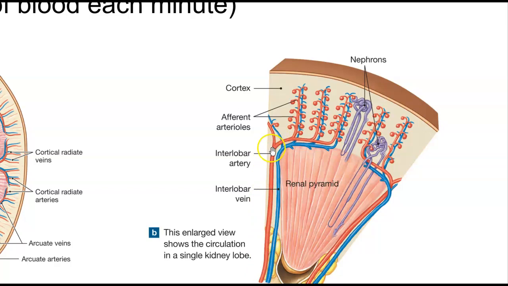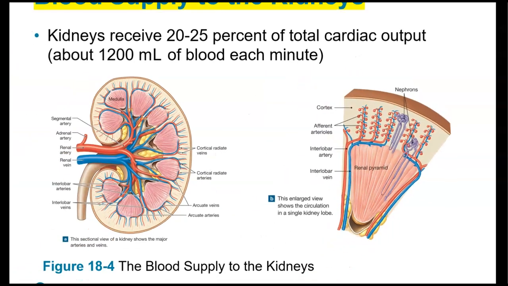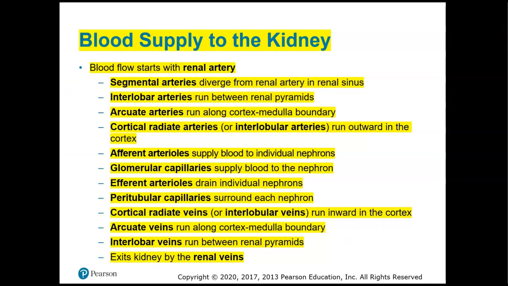So here's the interlobar artery, and then it's going to go into, it's not shown here, the arcuate arteries. These are the cortical radiate arteries, and then what branches out from the cortical radiate arteries is the afferent arterioles, and they supply the nephrons. So again, we'll go over this a little bit more within the notes.